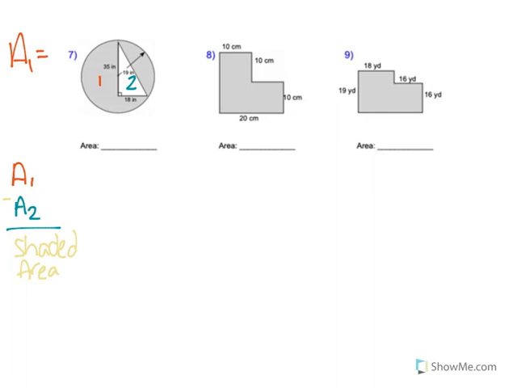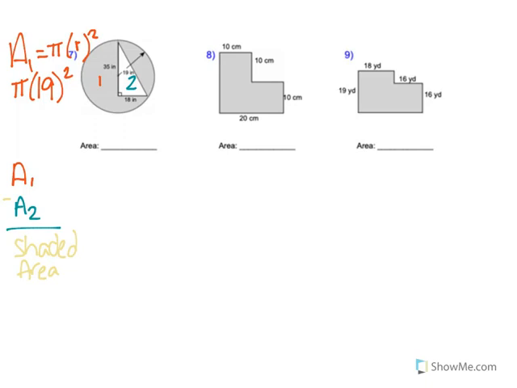We know that the area of the circle is pi times the radius squared. Now, it's kind of hard to read, but that looks like it says 19 inches is the radius. So we're going to take pi, multiply it by 19 squared. Remember that you can use 3.14.